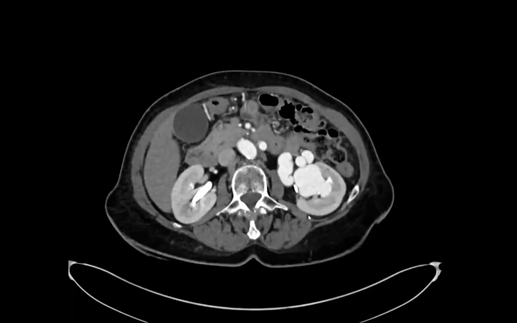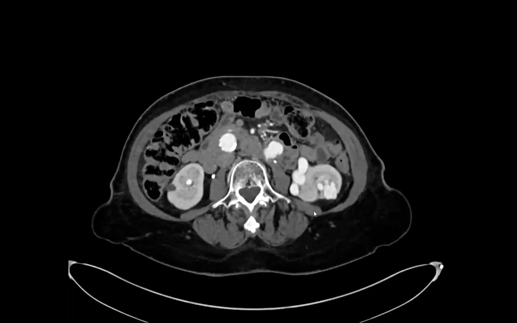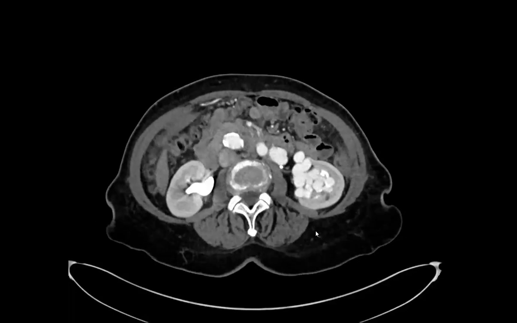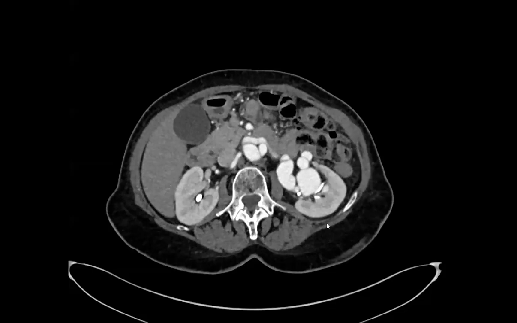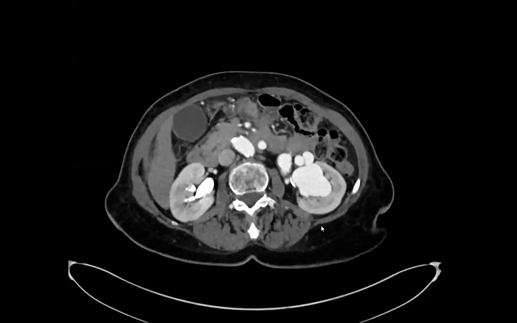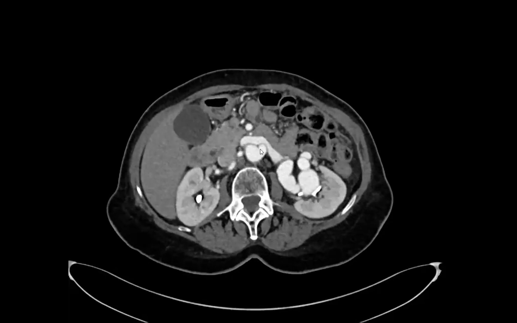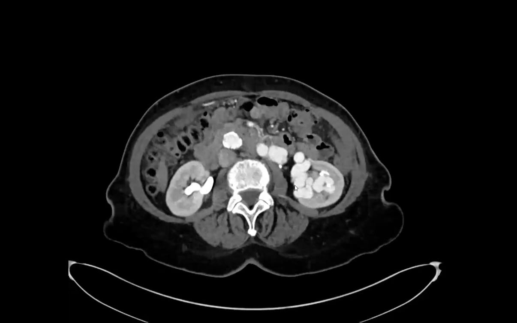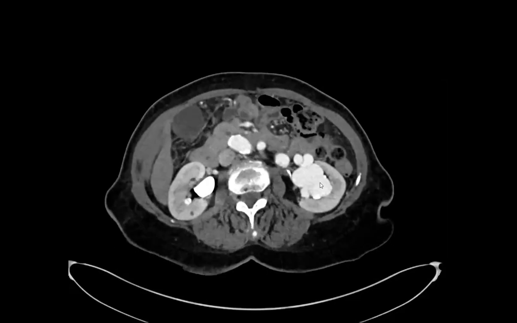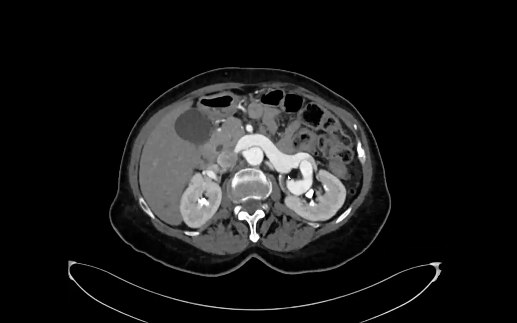So the question is AVM or AV fistula, and what would you favor in this situation? I'd favor AVM. Yeah, exactly. We can see a very large artery coming in, and then there's a big tangle of vessels, which is the keyword buzzword for AVM, and then a large draining vein.